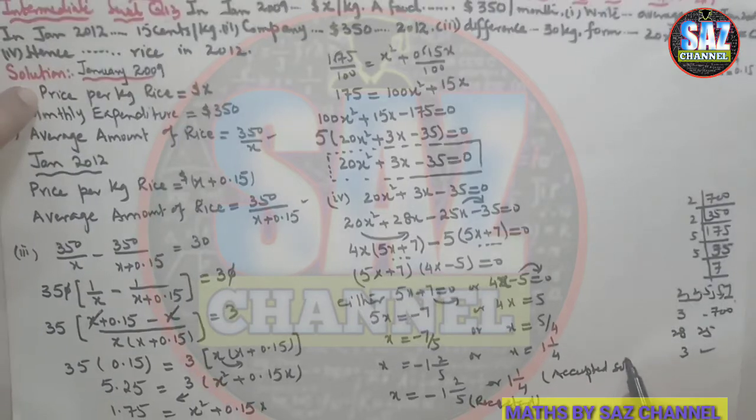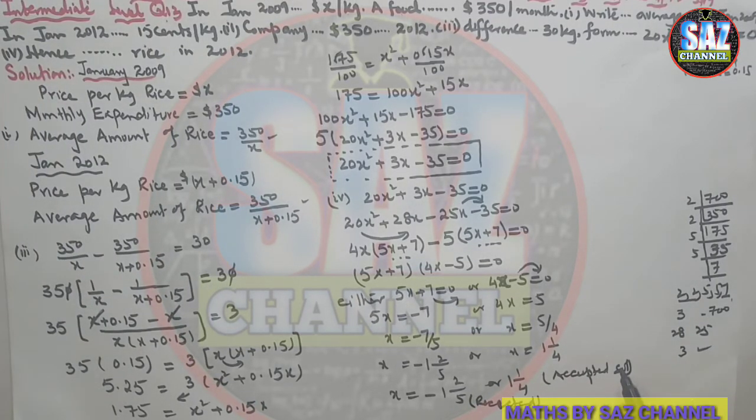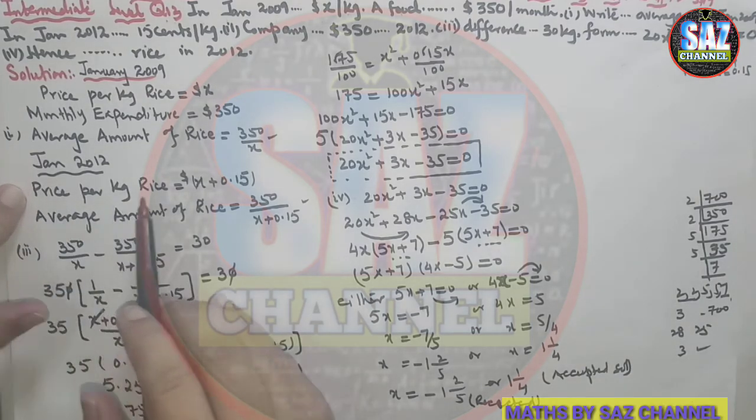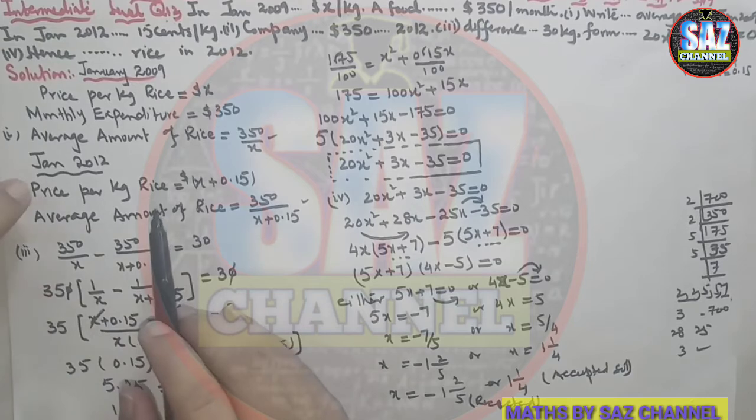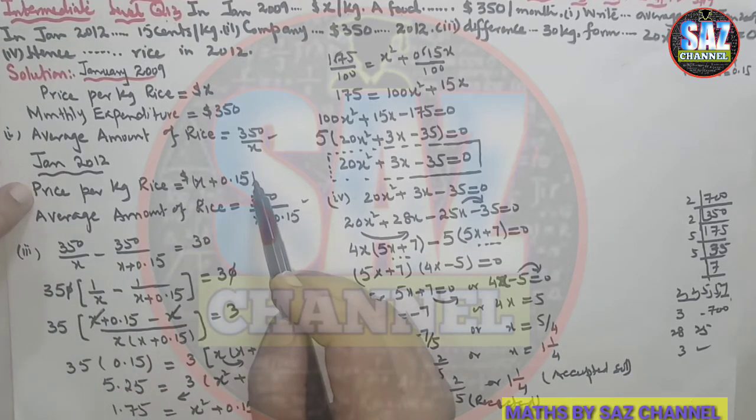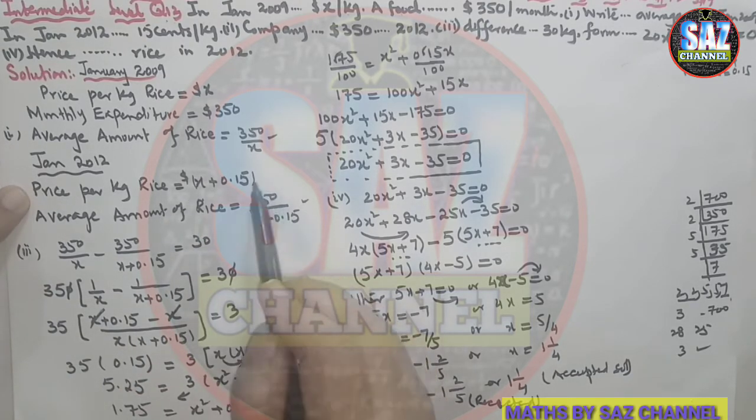Now the final part of the question was saying, hence find the price of each kg of rice in January 2012. We know that the price per kg of rice in January 2012, the expression is x plus 0.15.